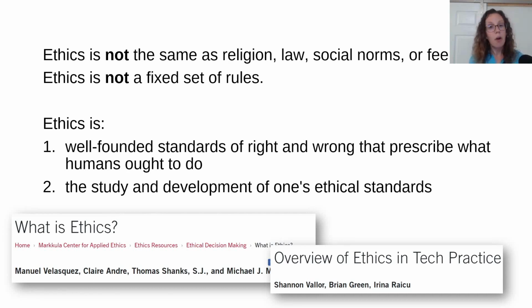There are many things that are widely agreed upon, and there are philosophical underpinnings for making these decisions. And ethics is also the ongoing study and development of our ethical standards. It's a never-ending process of learning to practice our ethical wisdom.